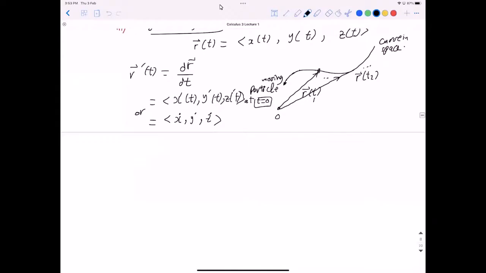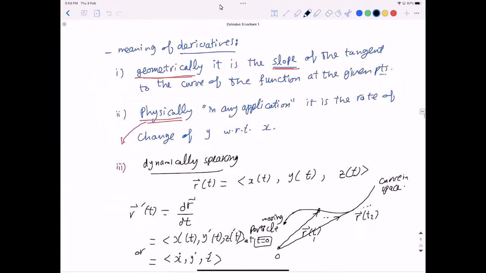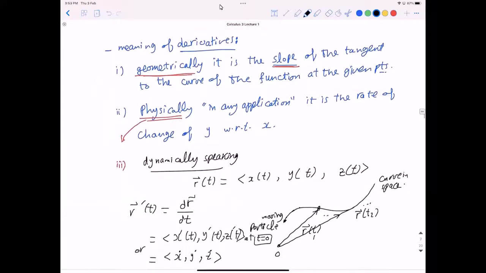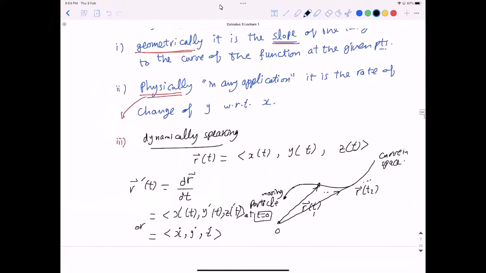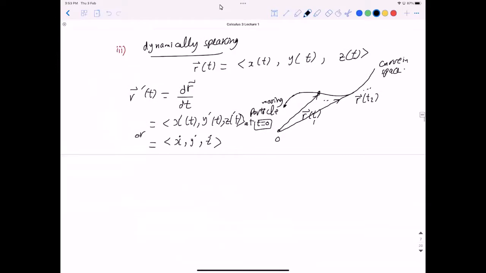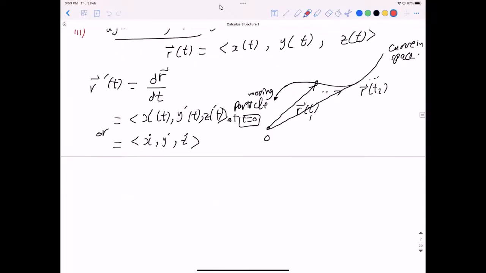We cannot say the slope, because in 2D it is the slope, the rise over the run, delta y over delta x. But in 3D we say the tangent vector. We have 3 components. So R prime of t is the tangent vector.